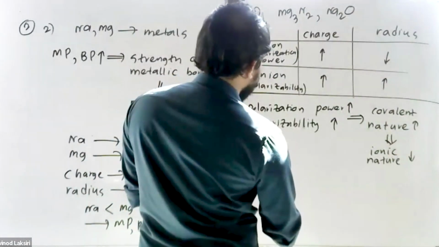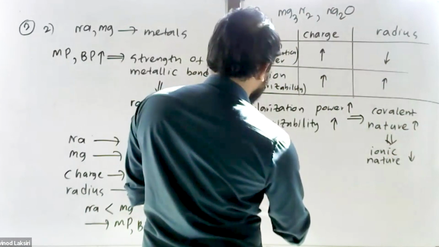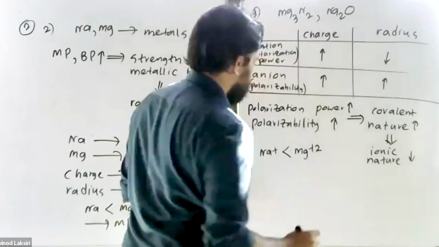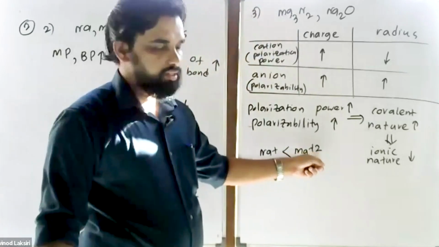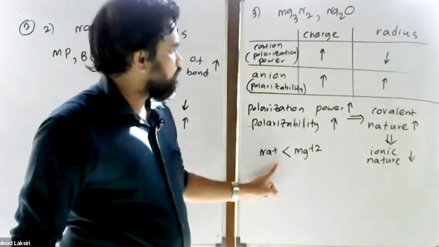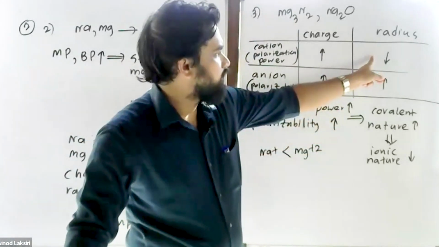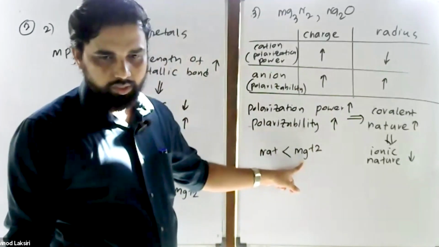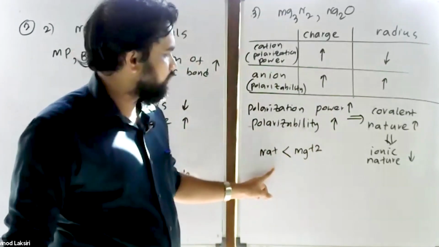Right? So when we compare sodium plus and magnesium plus 2, we can understand the charge of magnesium plus 2 is higher. Plus 2, plus 1. Right? Then we compare the radius. Previously, I told you the radius of magnesium plus 2 is lower than sodium plus. Right?